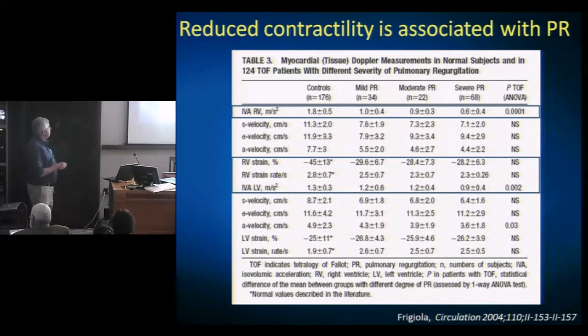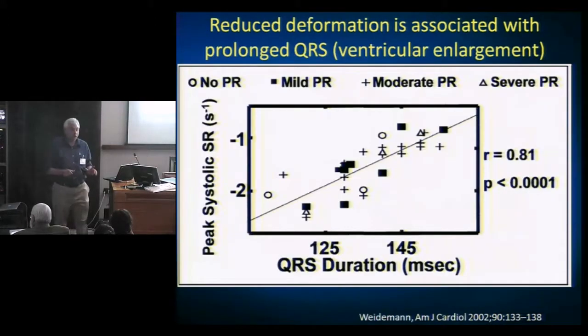If you look at work that was done when Andrew Redington was still in London, you can see that as you increase your pulmonary regurgitation, your IVA decreases, your right ventricular strain decreases, and your strain rate generally decreases. So there seems to be some association with PR.